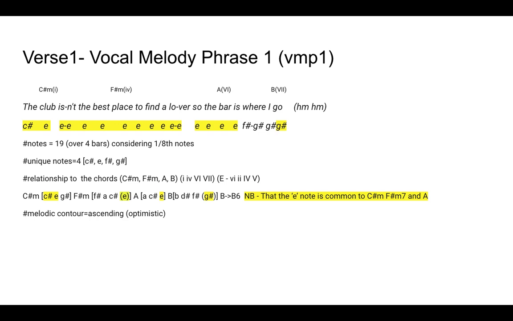Now we want to understand where the E is in the F sharp minor chord, if it in fact is there at all, okay? So we see that it's a 7.